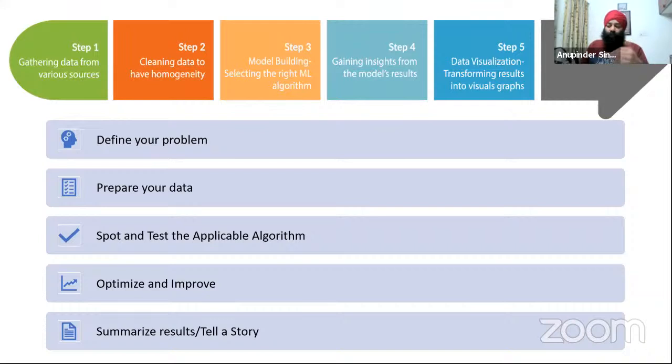If you can generate your data, great. If you cannot generate your data, go and look for different platforms. There are various platforms. One of the most popular platforms is Kaggle, then data.world, data.gov.in, the UCI database, right? The Planet Lab database is there.